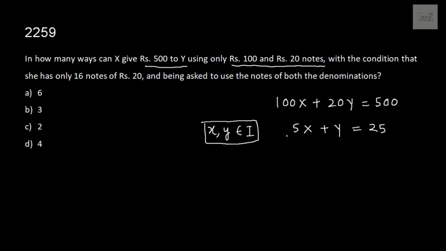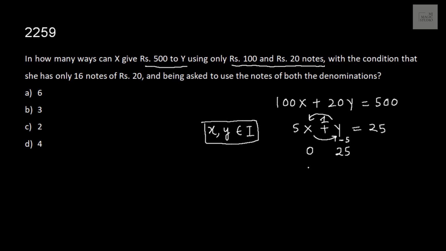To solve this, we start putting one of these as 0. Suppose I put x equals 0, then y will become entirely 25. Now, since the coefficient of x is 5 and coefficient of y is 1, I'll start increasing x by 1 and start decreasing y by 5, and we will end up always getting 25.